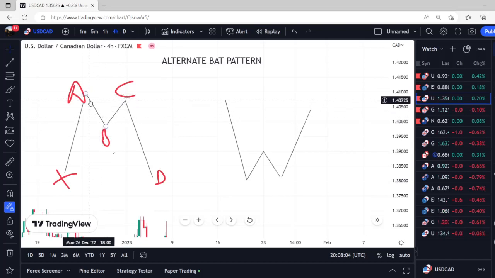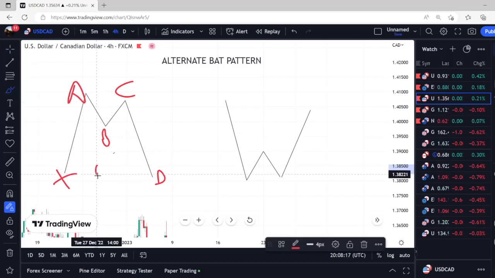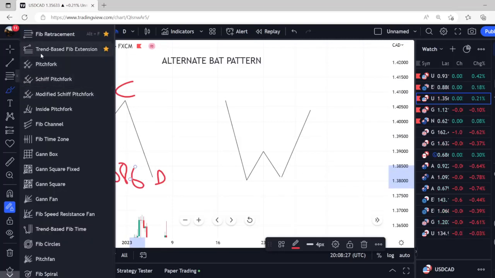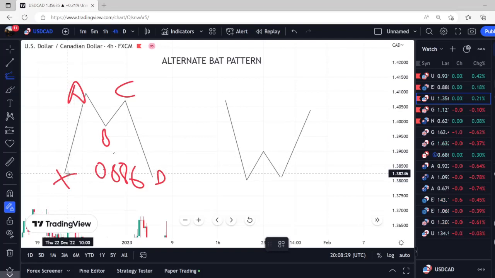This pullback here has to touch 0.382 plus or minus 3%. And the CD leg: remember, with the bat pattern, we look to take a long position at 0.886. That is the D leg. But with the alternate bat pattern, we also include the extension of the XA leg.